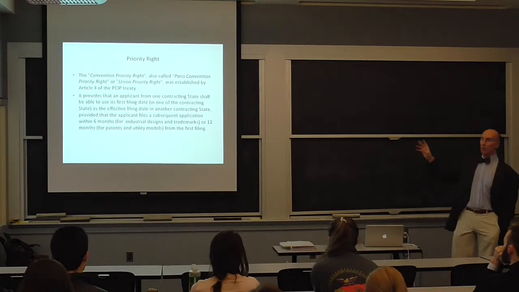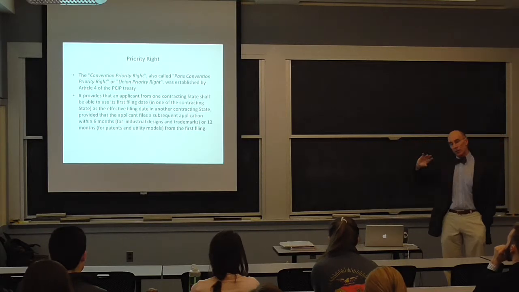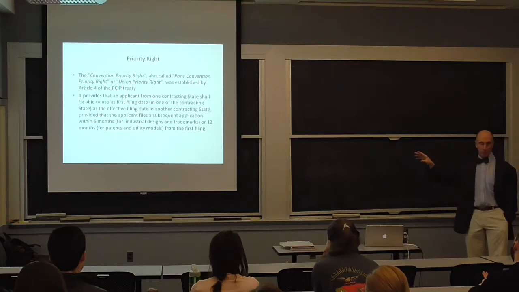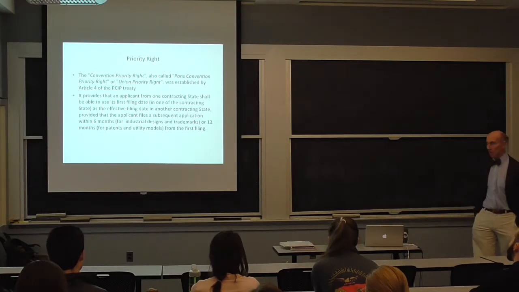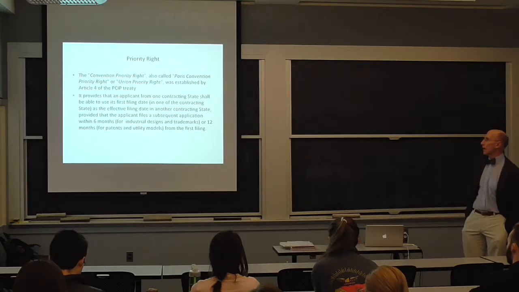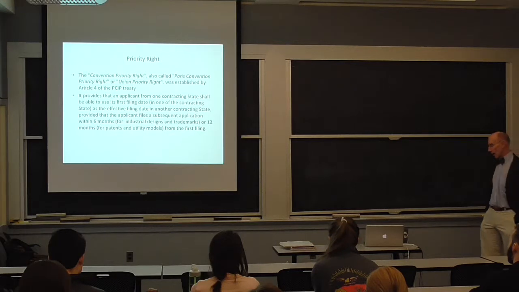We'll get into this later, but industrial designs and trademarks are treated a little bit different than patents and certain types of patents called utility patents. But in any case, the main point is that it provides that first filing will control.